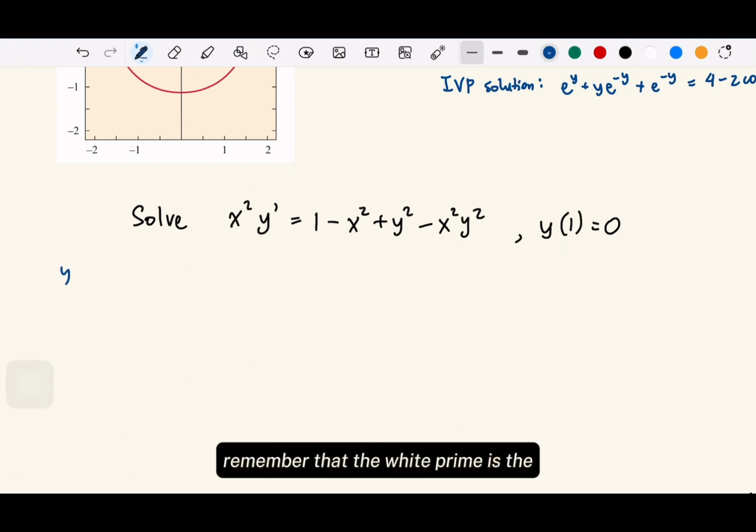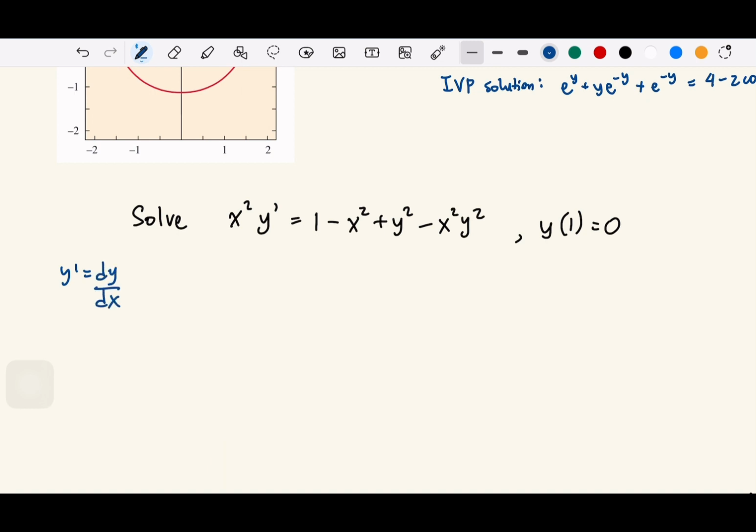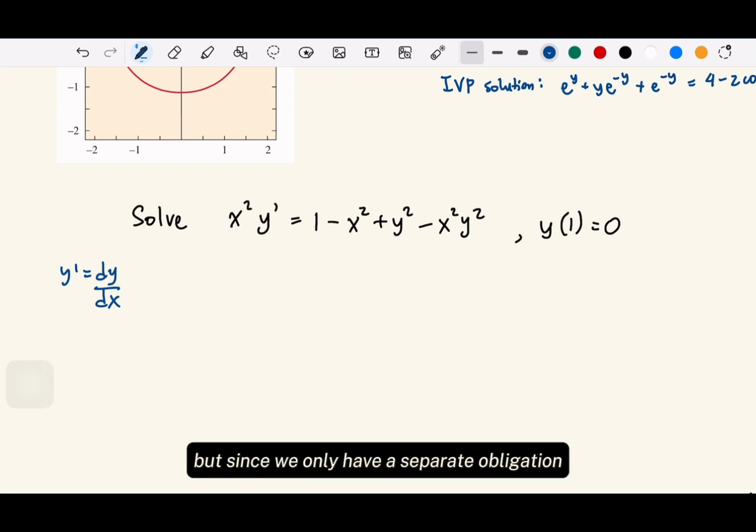Remember that the y prime is the y. It's a little bit tricky. But since we only have a separable equation, that's the only way we can solve.